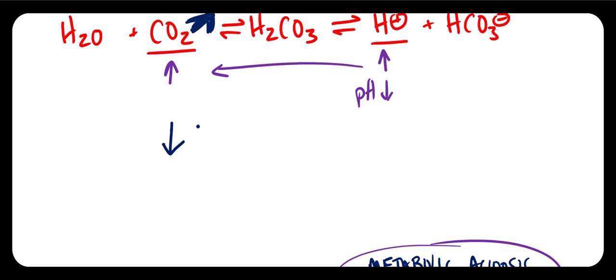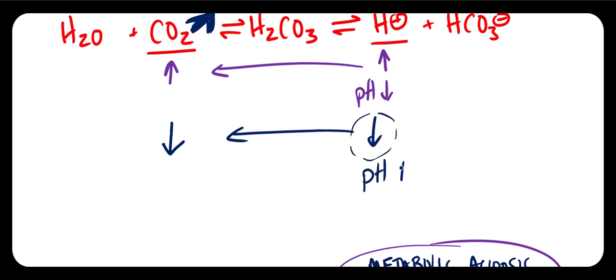Okay, I'm out of equilibrium again, but that's going to make me go to equilibrium. How? By shifting some hydrogen ions over and bringing my hydrogen ion concentration down. So if I can bring that hydrogen ion concentration down, it's going to bring my pH up. If I can do enough of this, I'm no longer in acidosis.